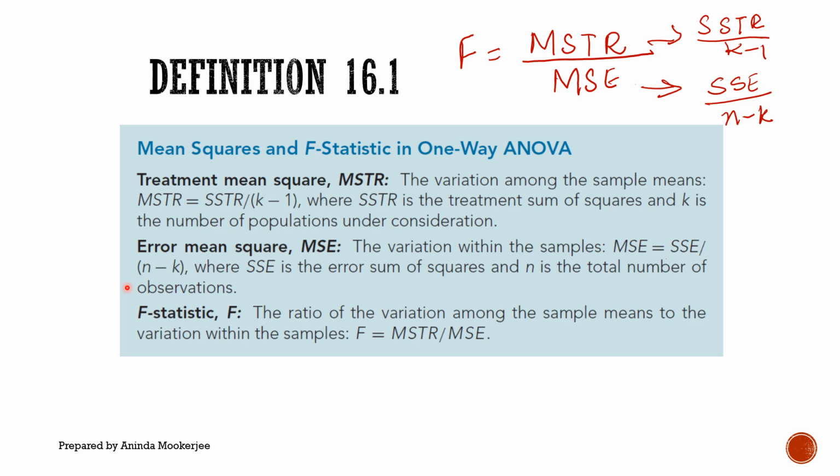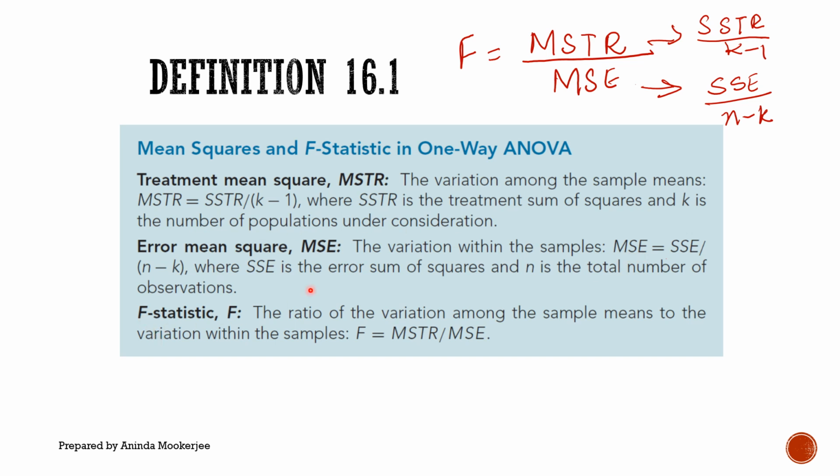If there are 4 samples, then n1 plus n2 plus n3 plus n4 is equal to n. And k represents the number of populations we are comparing. If it's 4, then k will be 4, so it will be n minus k. SSE over n minus k is the formula for MSE.